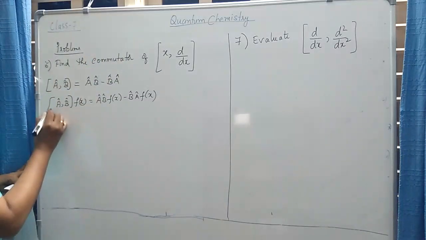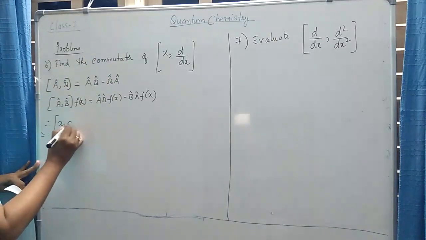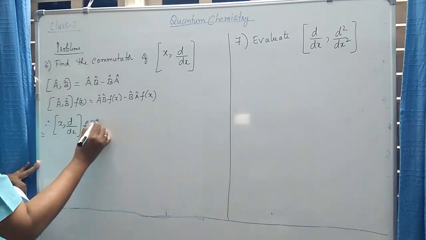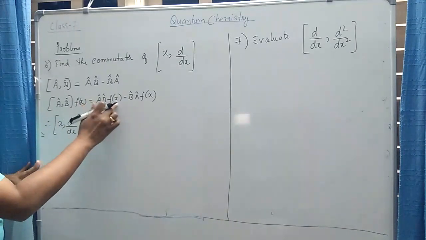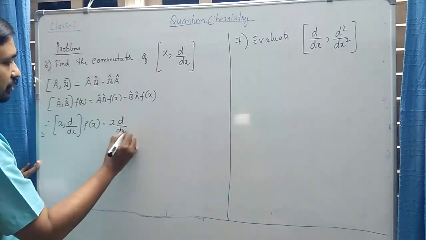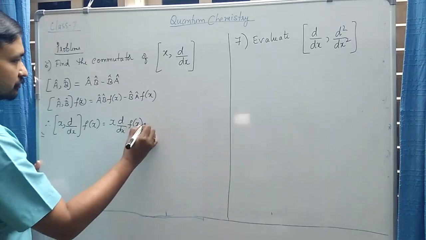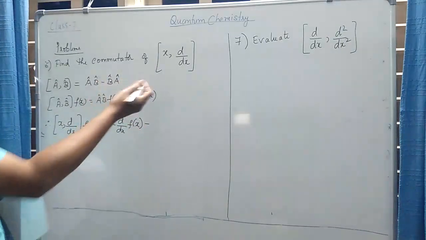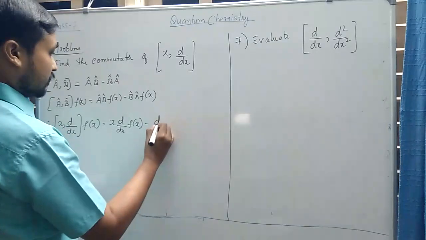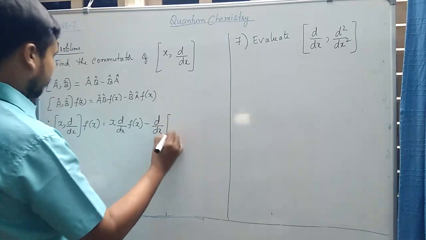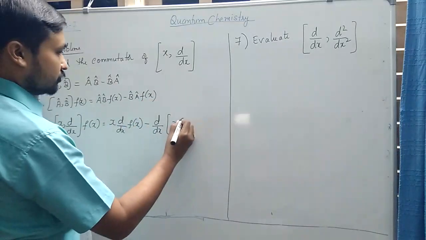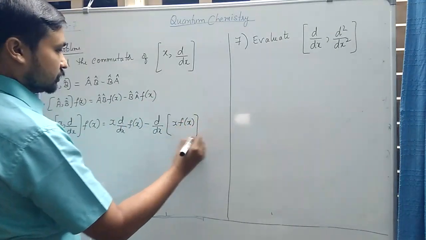So the commutator of x comma d by dx of f of x should be equal to A into B of f of x, that is x into d by dx of f of x, minus B into A of f of x, that is d by dx of A of f of x, that is x into f of x.